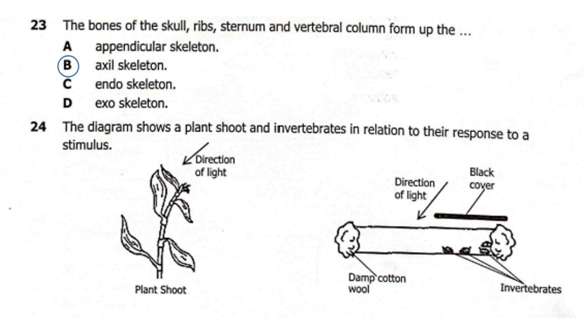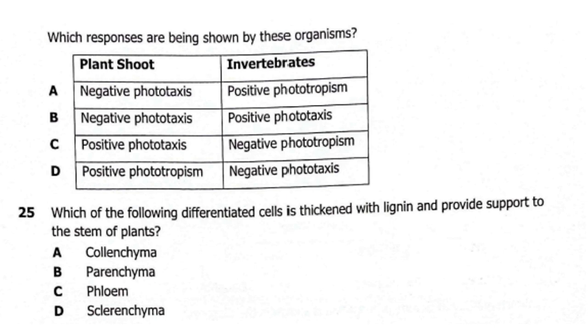Question 24. The diagram shows a plant shoot and the invertebrates in relation to their response to a stimulus. The plant shoot is growing towards the light. Invertebrates are moving into the dark cave. Which response is being shown by these organisms? A. Plant shoot, negative phototaxis; invertebrate, positive phototropism.